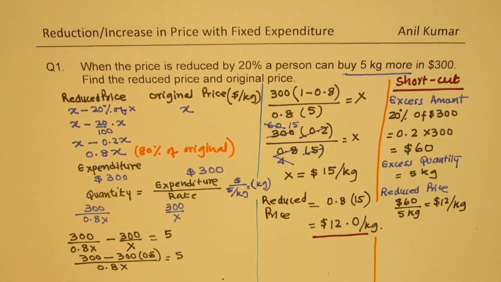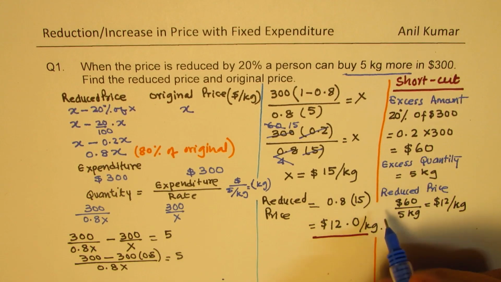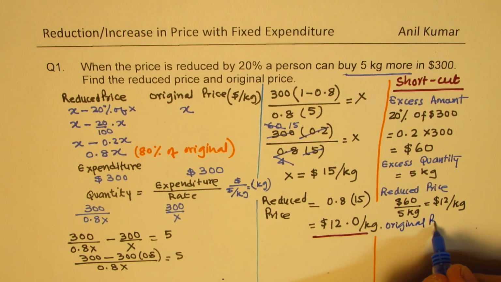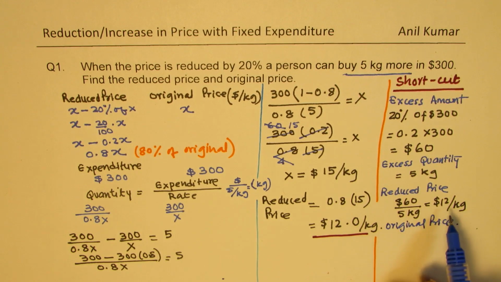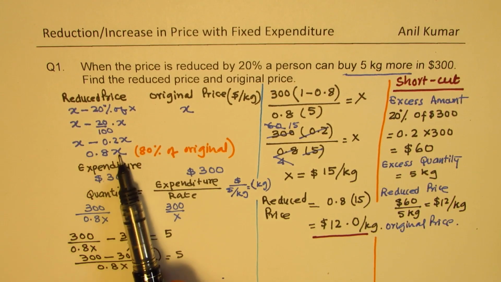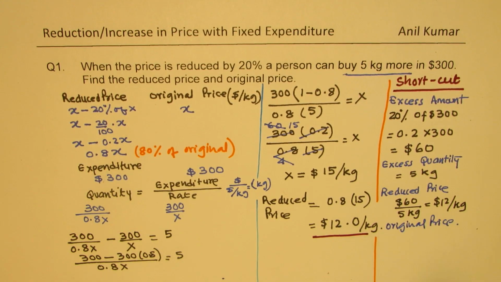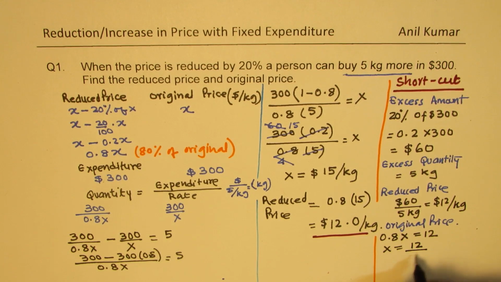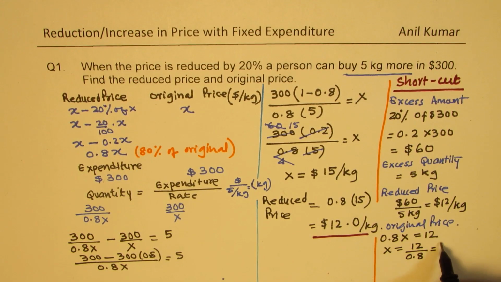Now, once you have the reduced price, what is your original price? Well, for original price, we know reduced price is 80% of the original, right? So we know 0.8 of original price is 12, and therefore x is 12 divided by 0.8, which is as good as 120 divided by 8, correct?